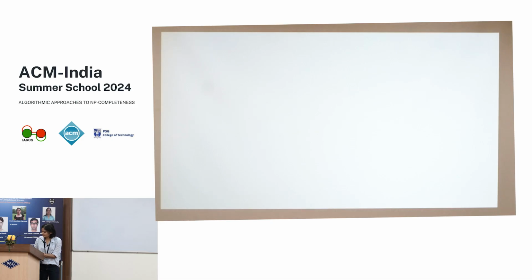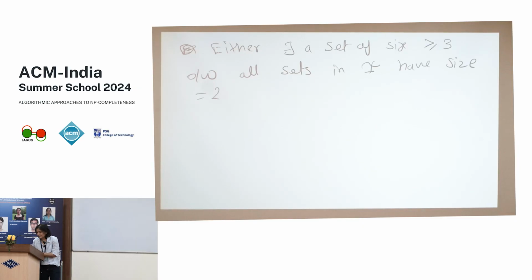Okay, so either there exists a set of size at least 3, that means there is some set F which contains at least 3 elements. Otherwise, all sets in F have size exactly 2, because one size sets we are getting rid of them, right?